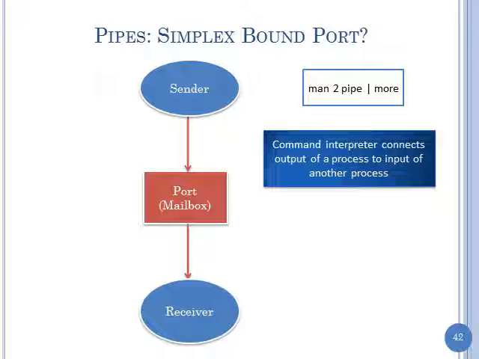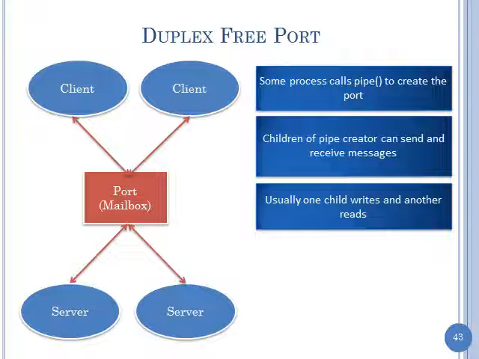Technically, you can have multiple senders to the same pipe, and multiple receivers too. Depending on it, the children processes may or may not even close the descriptor. You can create a pipe and the same process could send and receive. The pipe abstraction allows that. So it's a duplex free port as long as they're all on one machine. And nobody ever uses it that way. It's used as a simplex bound port, but it's actually a duplex free port.